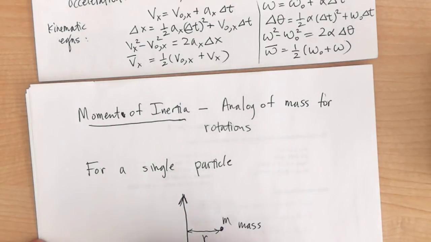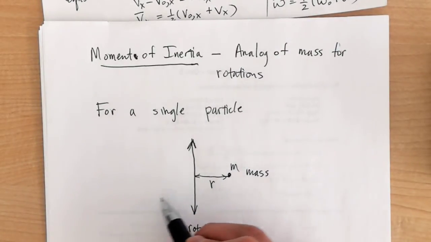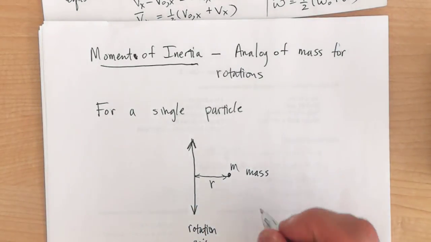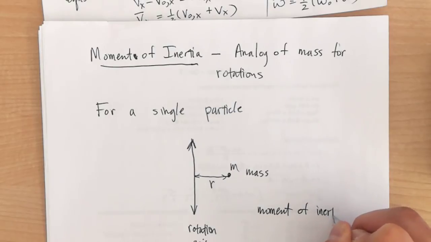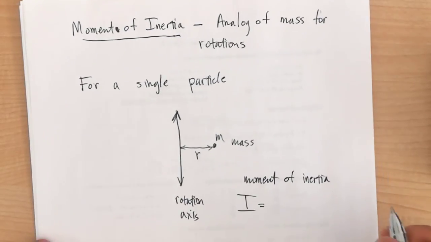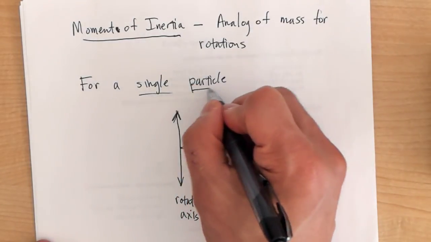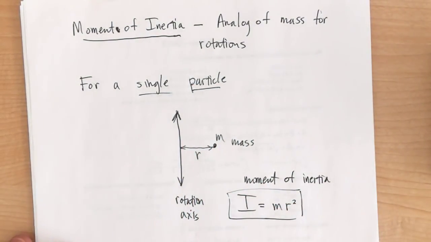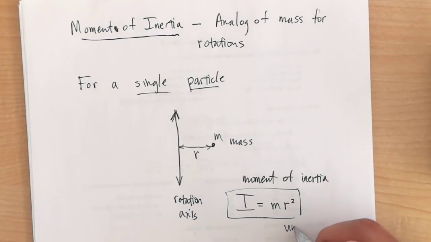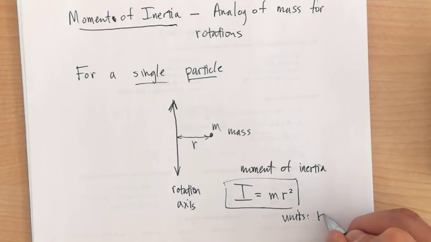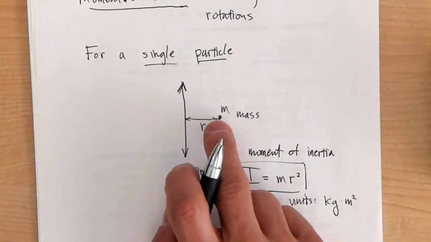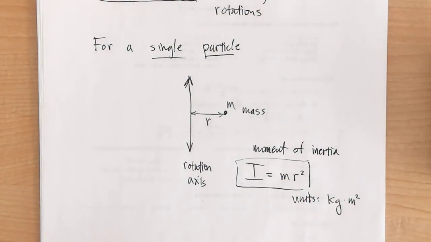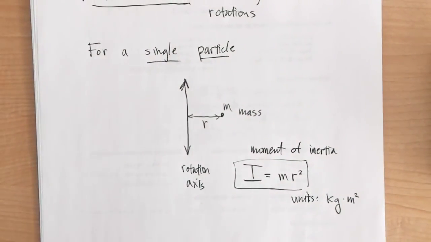The formula for the moment of inertia, capital I for inertia, for a single particle is I is equal to m r squared. It has a funny unit of kilograms times meters squared. So the further the object is from the rotation axis, the harder it is to make it rotate with a certain angular acceleration.